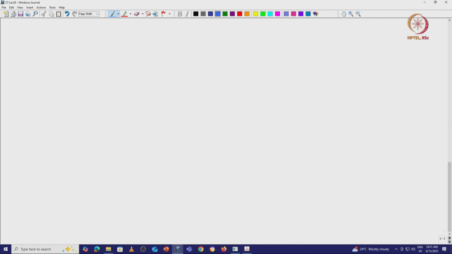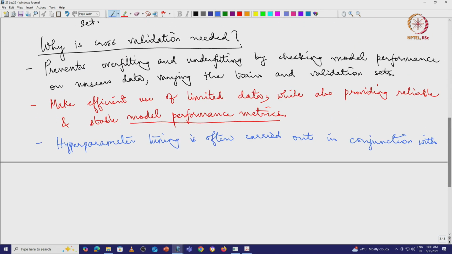So, cross validation provides you a way not only to understand model robustness and generalizability, but also allows you to carry out hyperparameter tuning, because by tuning the hyperparameters you can see what set of hyperparameters gives the best performance across all the possible realizations of the validation set that you are considering. Okay. So, now how is this done in practice? There are several types of cross validation which can be done. We will now go ahead and discuss those.